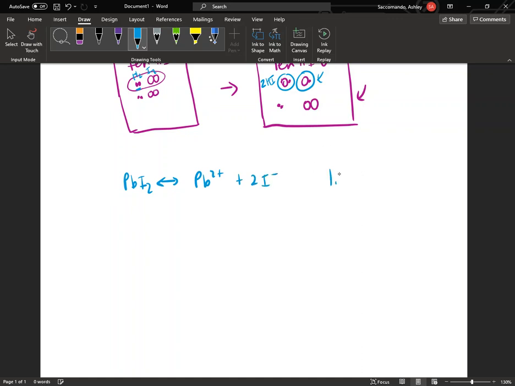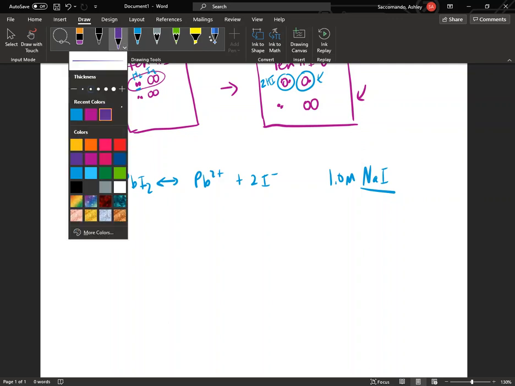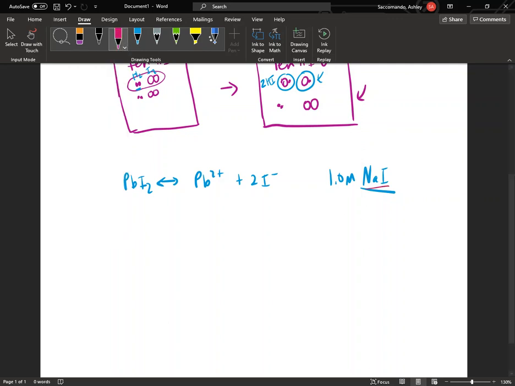But if we're putting it in 1 molar NaI, well, this is a soluble salt. That's going to break apart into Na+ and I minus. So technically, what are we adding in? We're adding in iodide here.